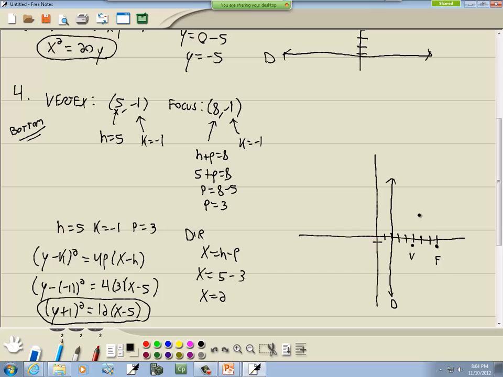Okay, now pick a point here. I'm trying to eyeball the distance between my directrix and this point and the focus, and they should be the same. That looks not too bad. Maybe right there. Again, I'm looking at these distances. So then I'll graph them. And by symmetry, this one also looks like that.